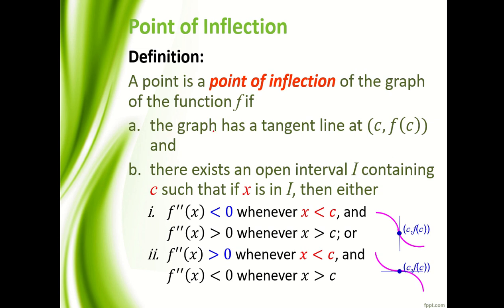For A, the graph has a tangent line at the point with coordinates c, f of c, and there exists an open interval I containing c such that if x is in the interval I, then either f double prime of x is negative, or less than 0, whenever x is less than c, and f double prime of x is greater than 0, meaning positive, whenever x is greater than c.